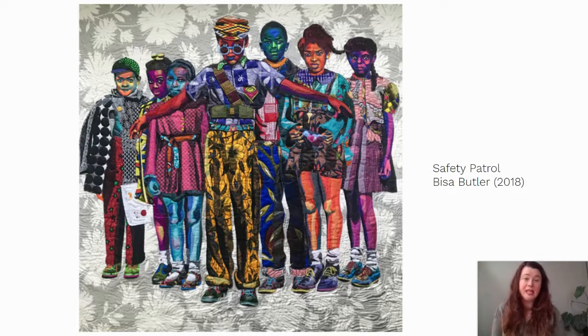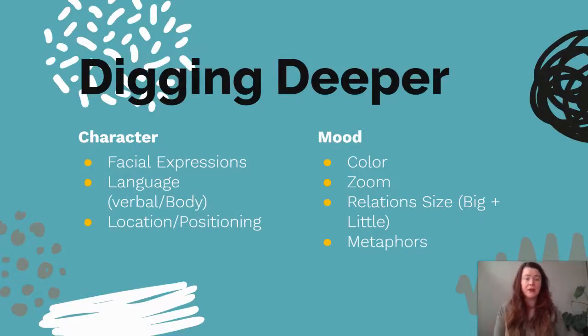Now, let's take Bisa Butler's Safety Patrol as an example to get to know visual literacies a little bit better. If we dig deeper into some of the most important tools of visual literacies, we learn more about character and mood.